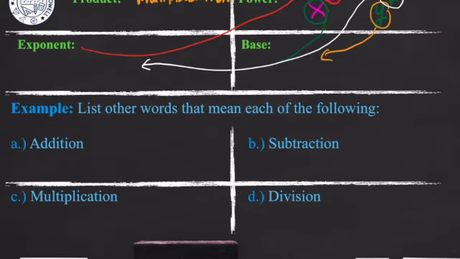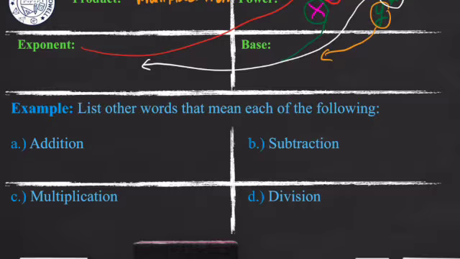Let's list off a few words that represent addition, subtraction, multiplication, and also division. If we want to know some words like this, there is a helpful handout on the website that gives you the keywords. Keywords for addition: we could say that addition is the same thing as saying the sum. Remember, the sum is the result of an addition problem.